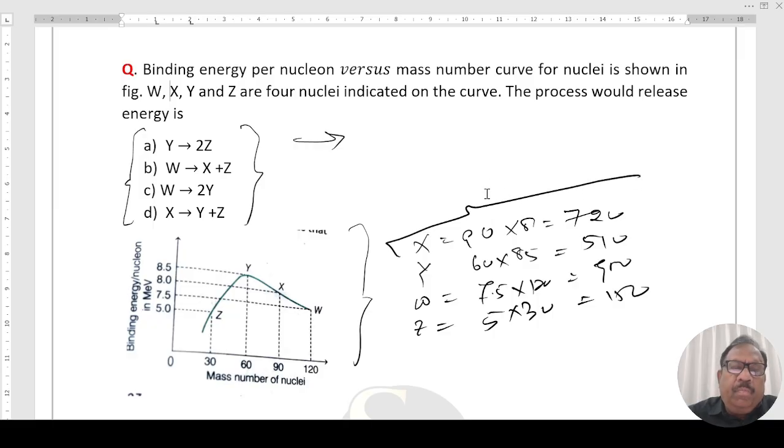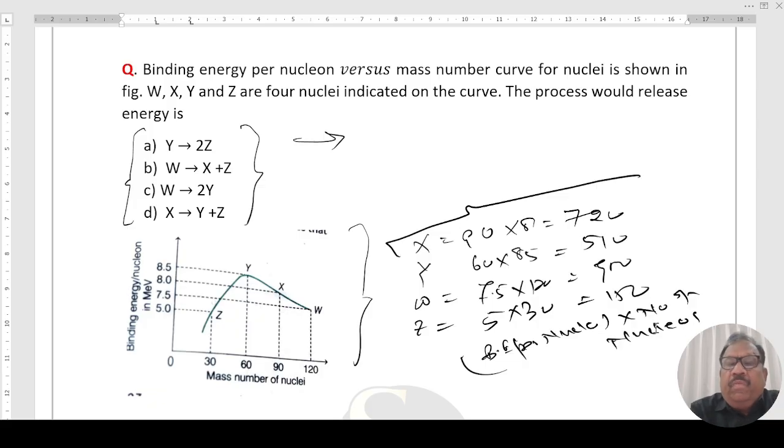Total energy will equal the binding energy per nucleon into the number of nucleons, right? Y is 510, so for 2 Z, 2 into 150 is 300. So there is a decrease, not possible.